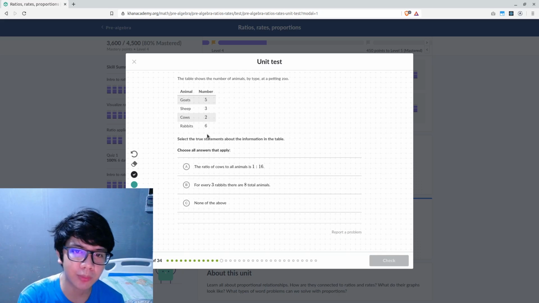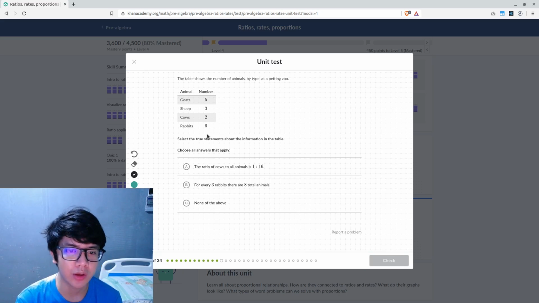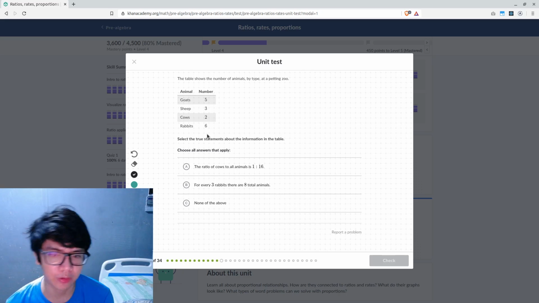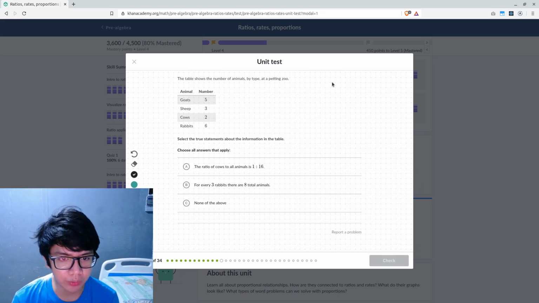The table shows the number of animals by type at a petting zoo. Select the true statements about the information in the table. Oh my gosh. Okay, so there are a total of 16. 5, 3 to 10, 16. Okay. The ratio of cows to all animals is 1 to 16. Cows is 2. No. It's 2 to 16. For every 3 rabbits, there are 8 total animals. 3 rabbits.